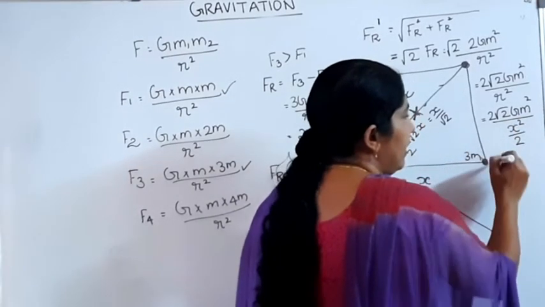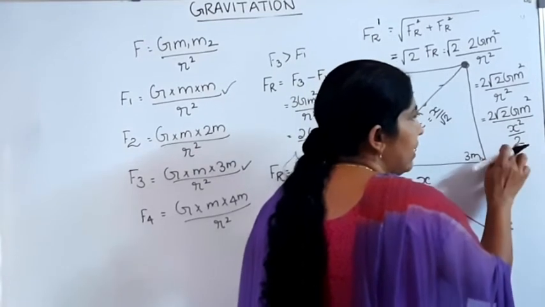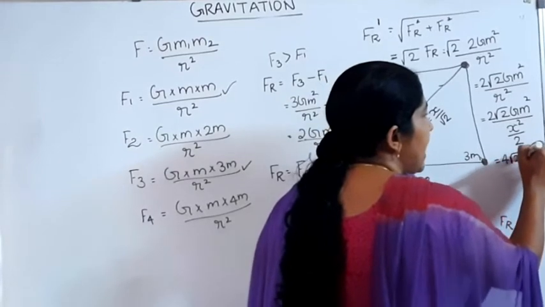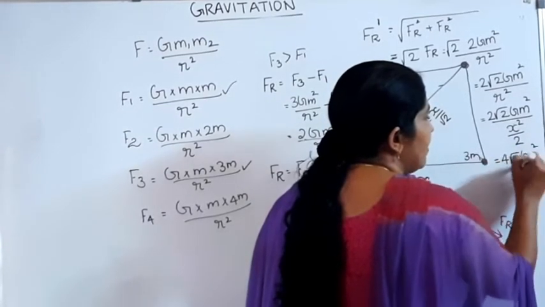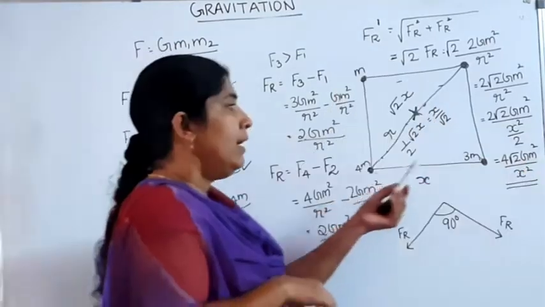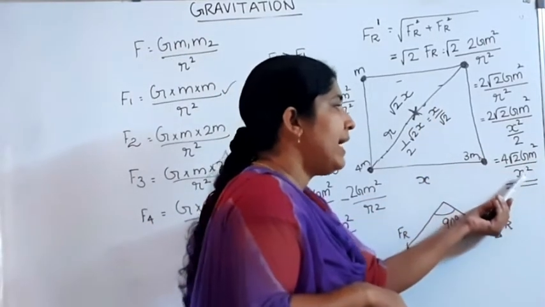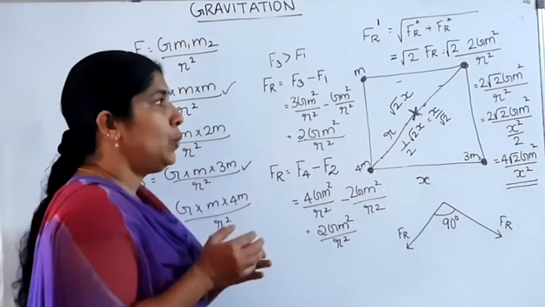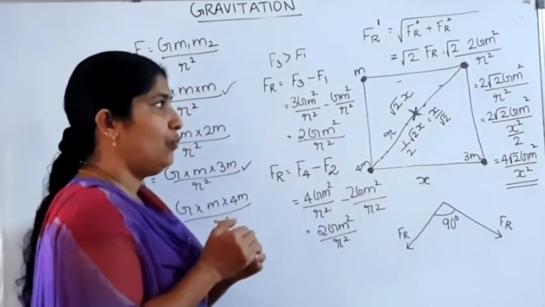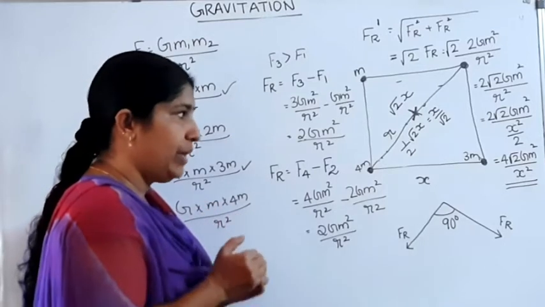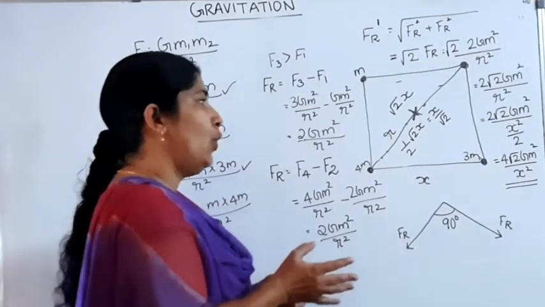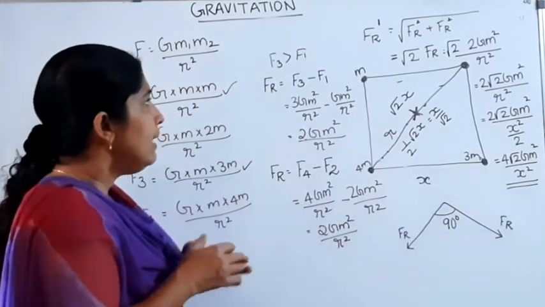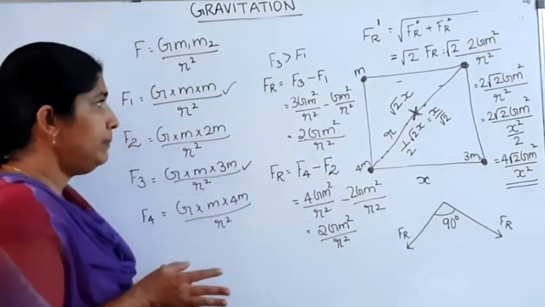Then, on rearranging, 2 comes to the numerator, then it becomes 4 root 2 GM square divided by x square. 4 root 2 GM square by x square is the final answer. The answer is in terms of x because the side length of the square is x, that is given in the question. Okay, this is the way we can do this problem.